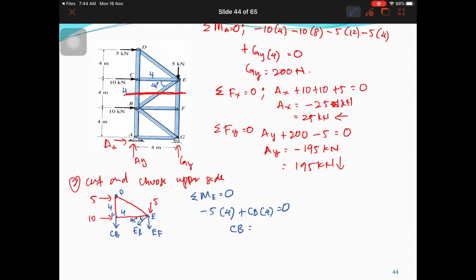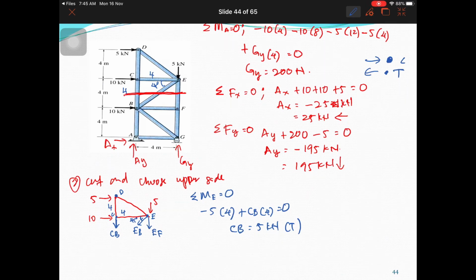So CB is equal to 5 kilonewton. The direction is positive, so our assumption is correct. Pulling the joint is tension. Remember: pushing the joint is compression, pulling the joint is tension.